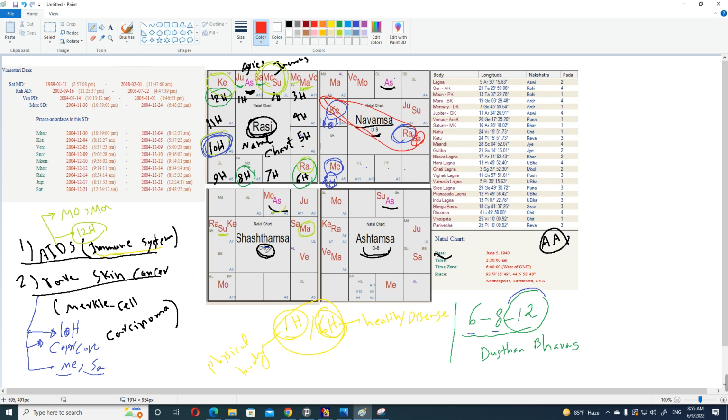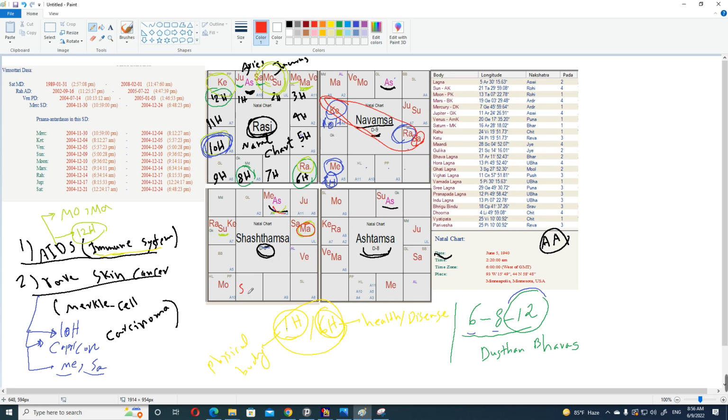If you move to the D6, you can see that Saturn is with Mars, with the debilitated Mars. Saturn, the main significator of skin, is in Cancer with Mars. And if you check here, this is the 1st house. 1, 2, 3, 4, 5, 6, 7.